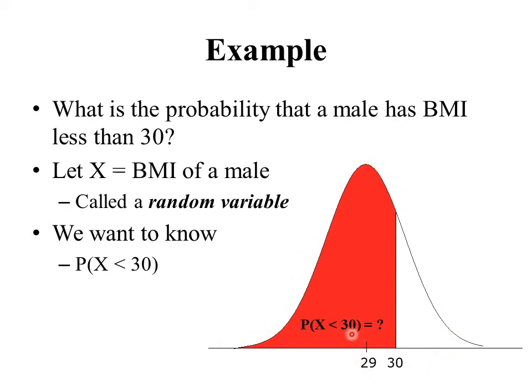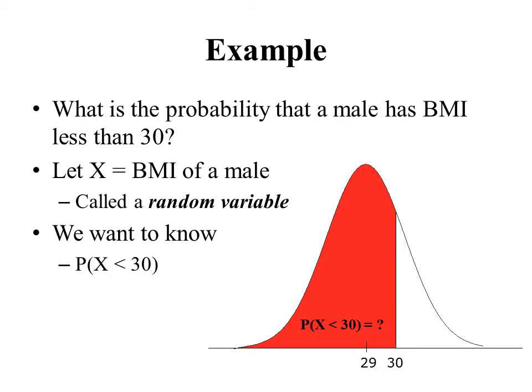Our mean of 29 is right in the middle. Remember, the population mean of 29 was given back on the first slide. And we want to know the probability that x is less than 30. So if we go over to 30 and draw a vertical line, the area underneath the bell curve to the left of 30 is our probability. So this area equals the probability that we want to know.